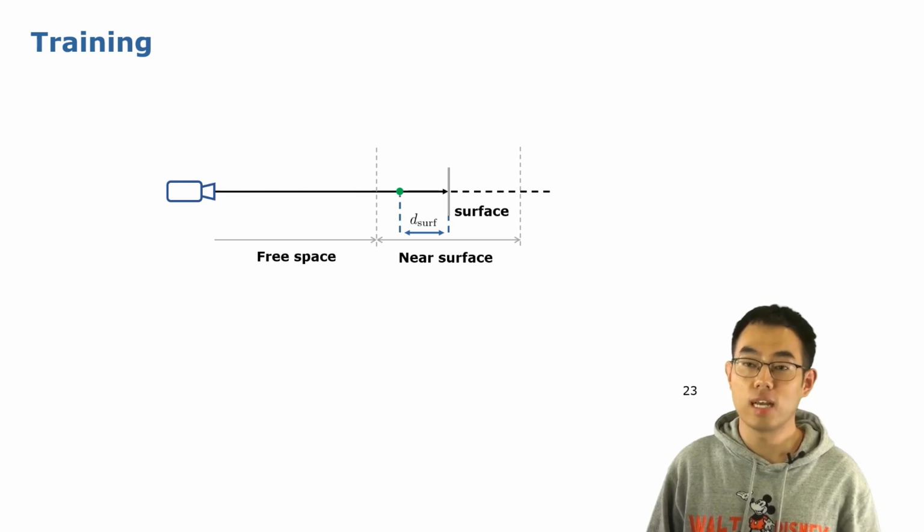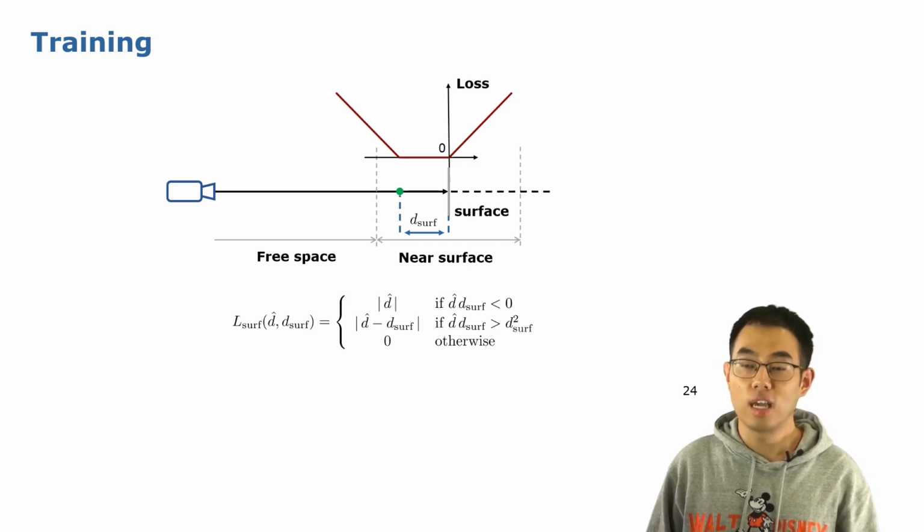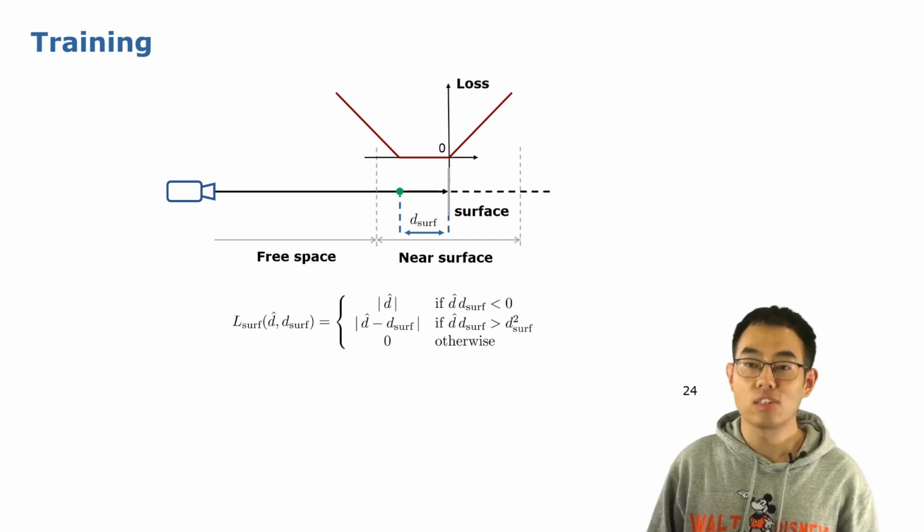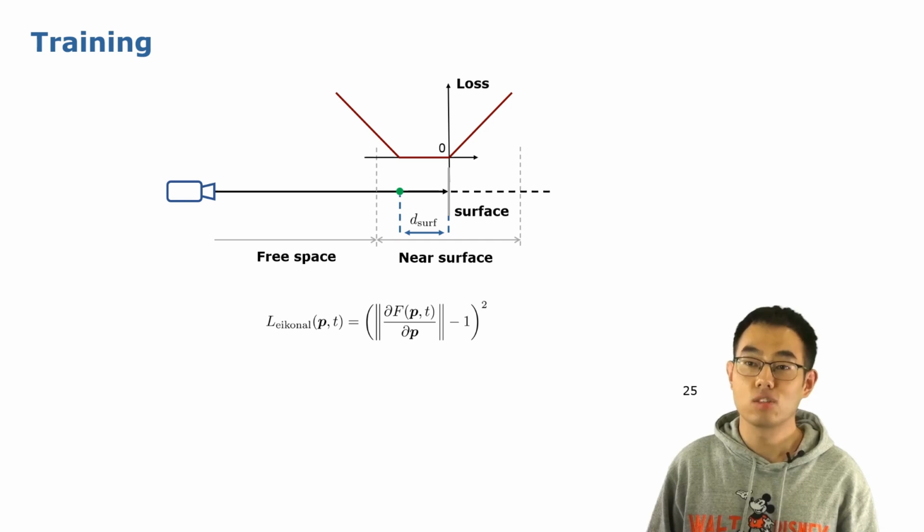For the near surface area, we first calculate the projected distance from the sampled point to the end point, and generate loss only if the prediction value is larger than the projected distance or has the wrong sign. We also add a gradient constraint to meet the natural property of the signed distance function.